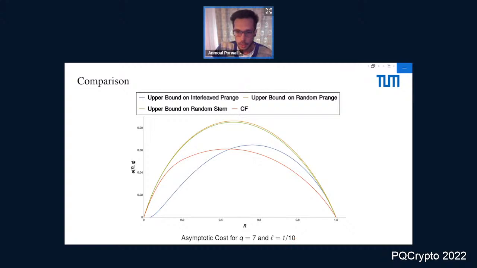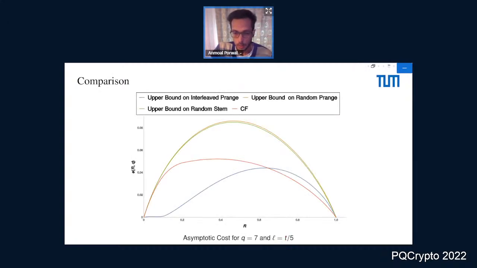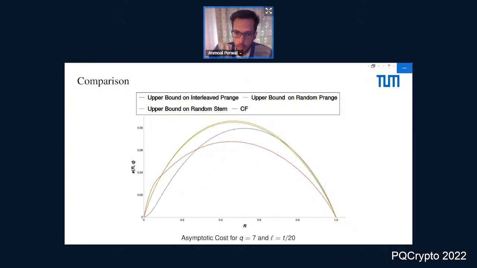And then if you're willing to increase L even further, to, let's say, about 20% of T, then generally interleaved Prange is better, unless we are looking at very high rate codes. Before I conclude, I should say that the finite parameters that have been proposed so far in the literature are generally closer to these ranges.